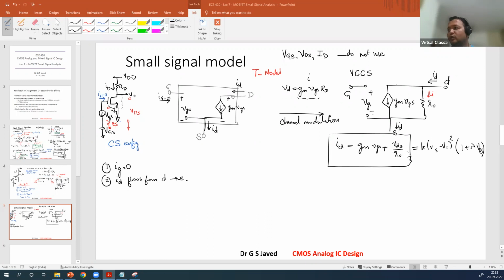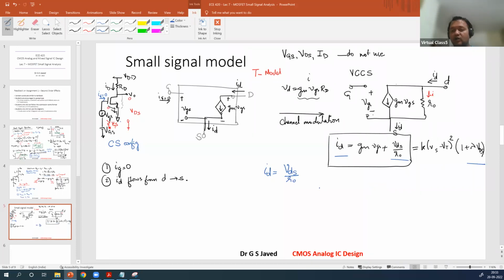So if you look at the commonality between these two parts of this equation, VDS by R0, lambda VDS, and its relationship to ID, if you equate them, you will see that ID is given as VDS by R0, this ID here.